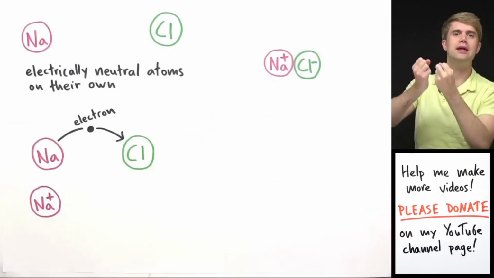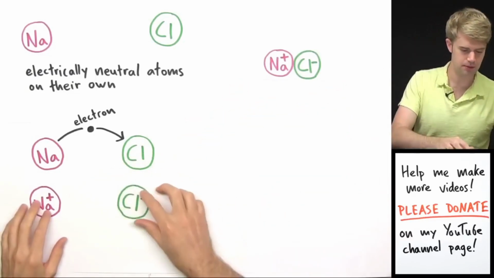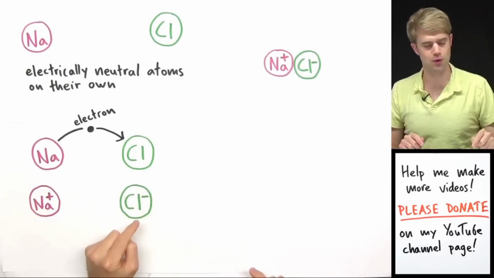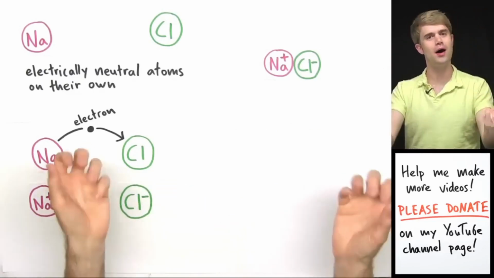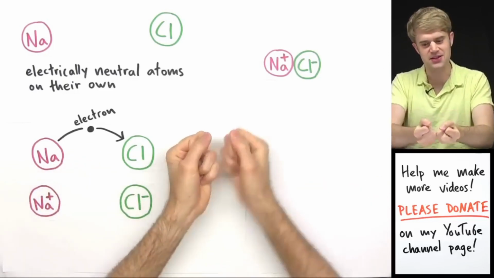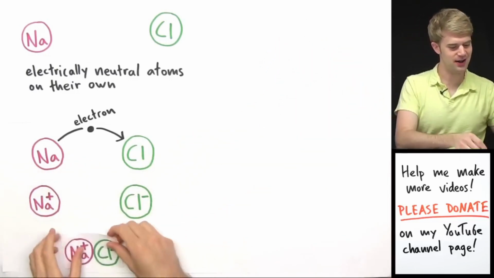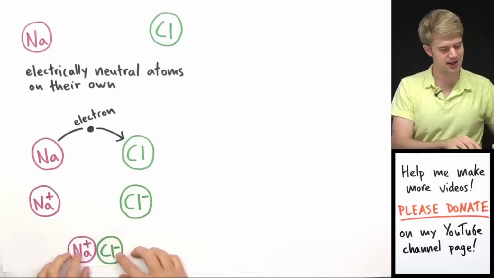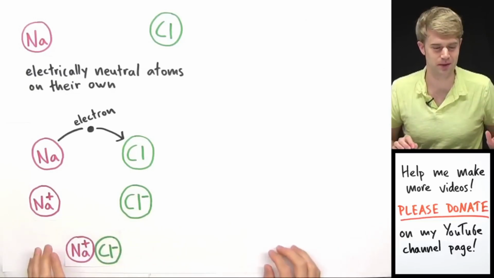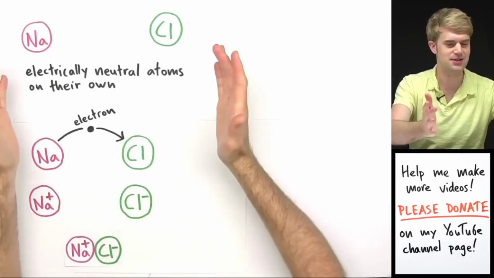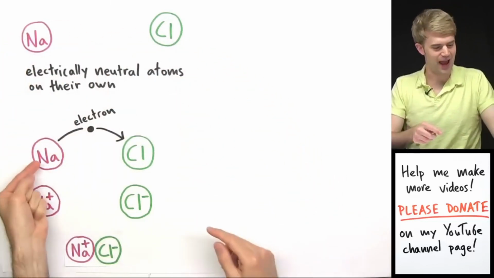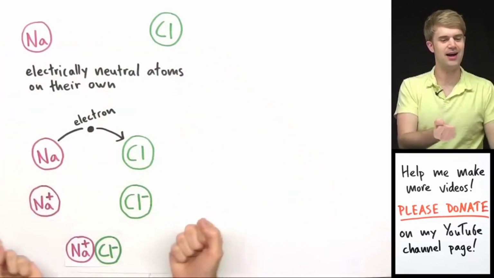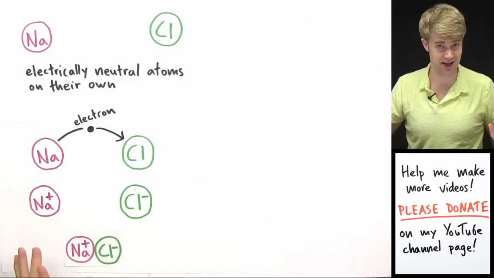And chlorine gains an electron, so it becomes Cl-1. Now we have two ions with opposite charges. What do oppositely charged things do? They stick together. So these two ions come together and they stick, making sodium chloride. Okay, so this is the process where we start from electrically neutral atoms, we have an electron transfer, we get ions that then stick together.